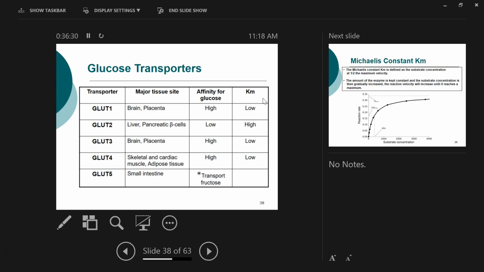For example, GLUT1 has a high affinity for glucose but a lower Km. I'm going to explain on the next slide why affinity and Km are opposite.